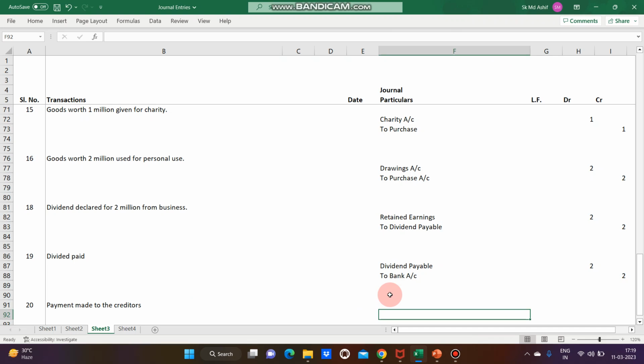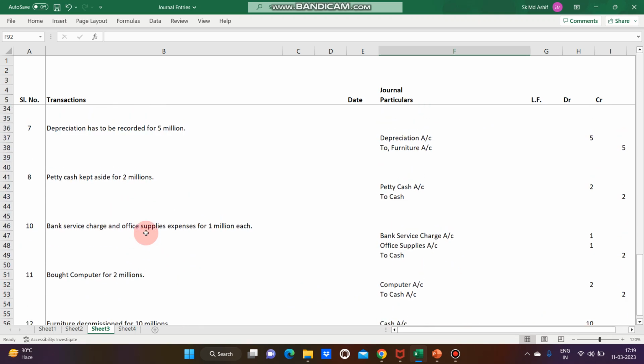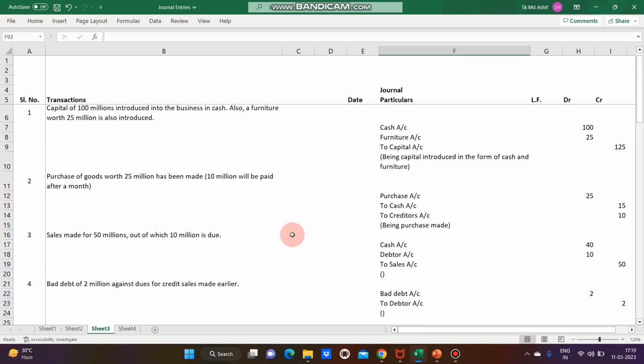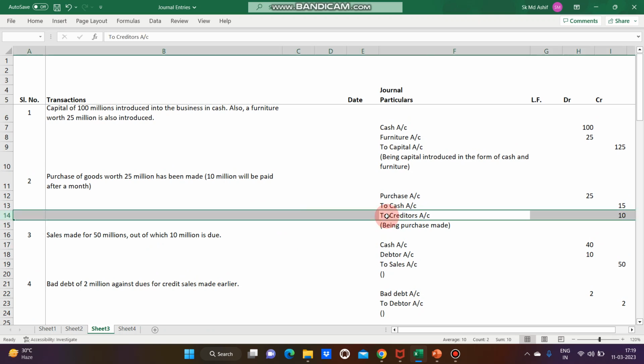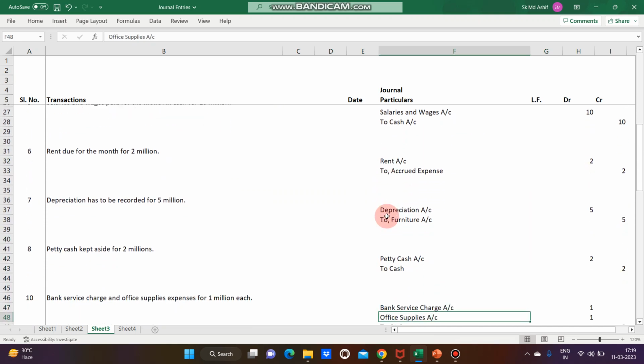And finally, the last entry of this video, payment made to creditors. There is no amount mentioned here, but let's try to check how much was due to creditors. So here there was a purchase made for 25 million, out of which 10 was due. So that 10 is being now paid.